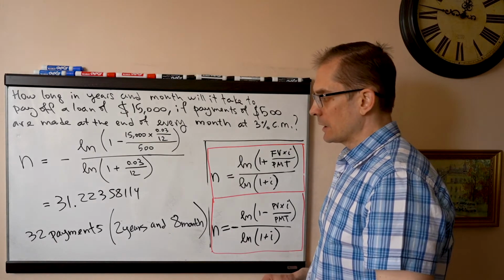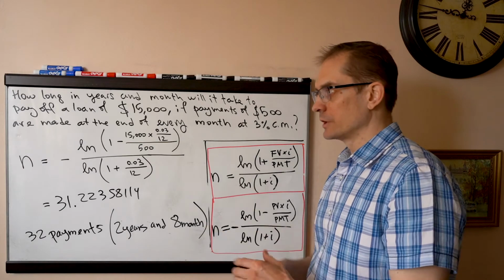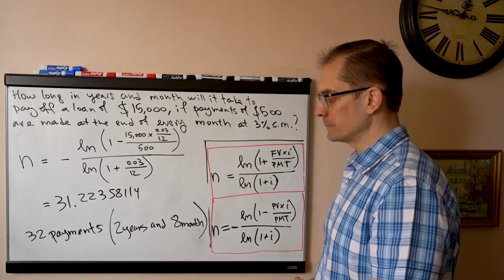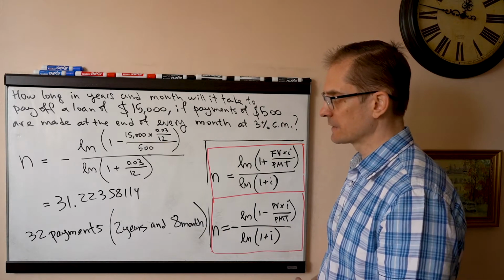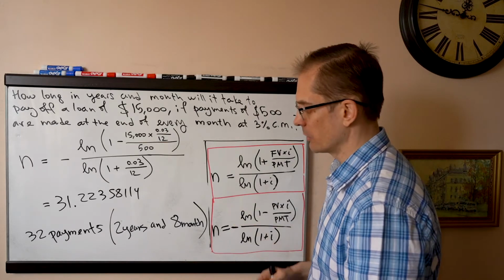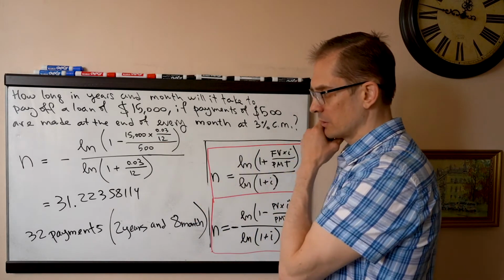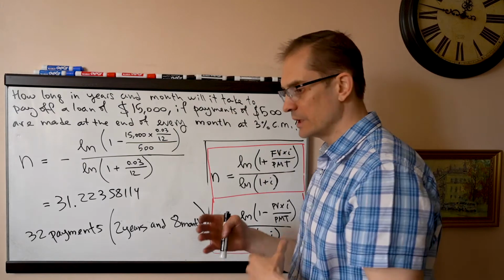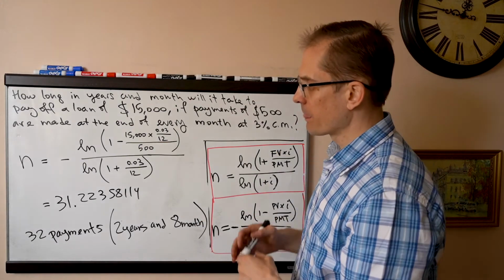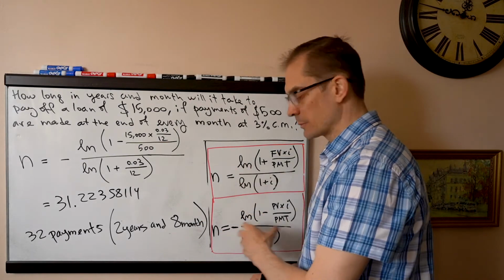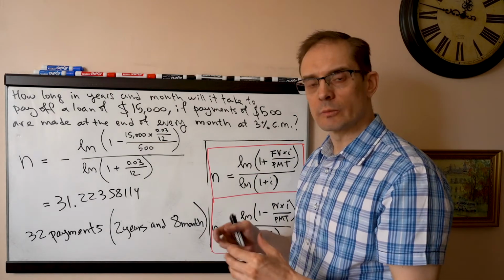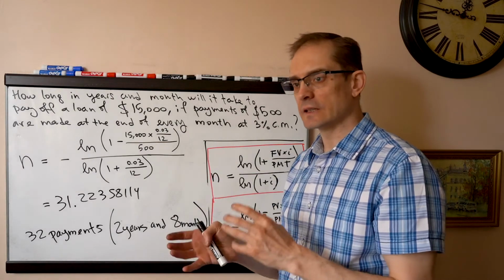Now, based on the example that we talked about before, you could be asking the question: could that last payment be a negative payment? No. When we're talking about present value, or about a loan, that effect doesn't happen.